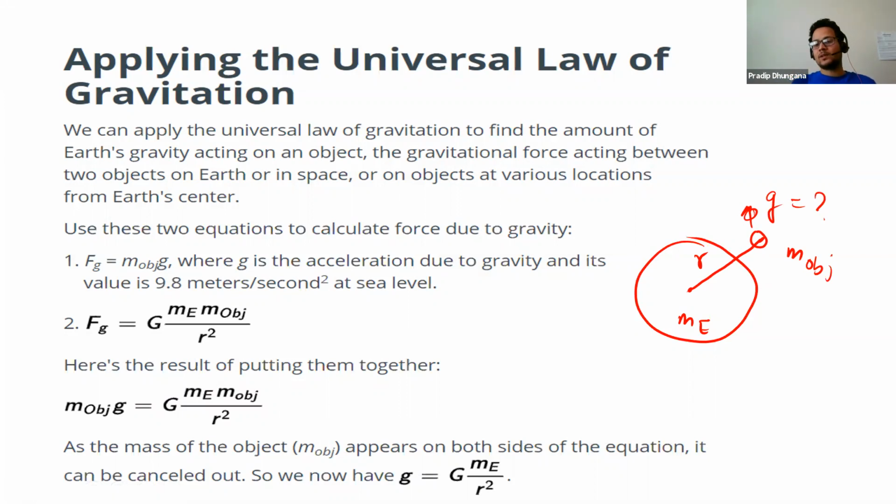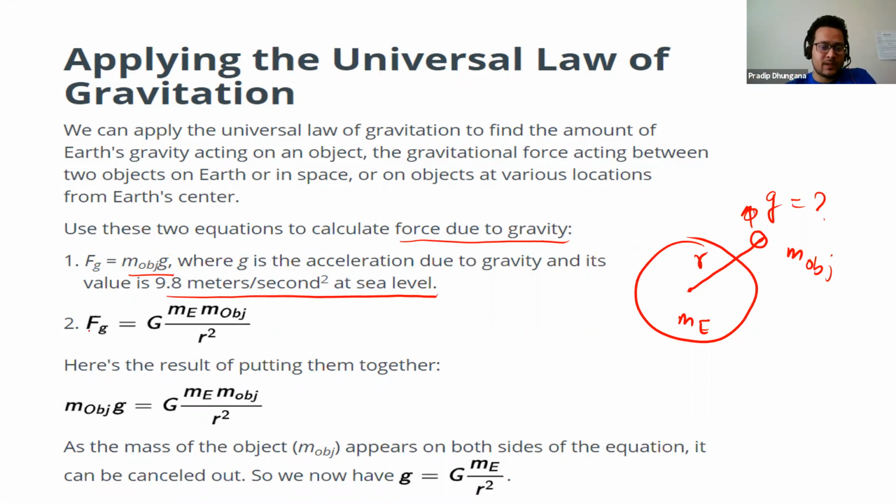To calculate the acceleration of gravity, we'll use two equations. At first, as we know, the force of gravity is your mass times gravity. So Fg is the mass of the object times g, and the value of g is 9.8 meters per second squared at sea level.